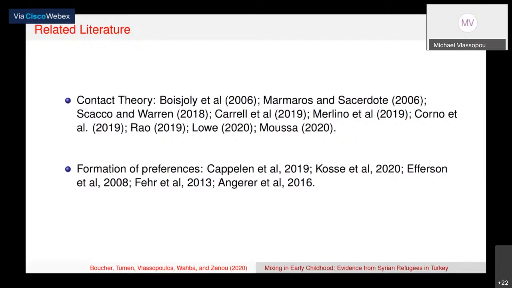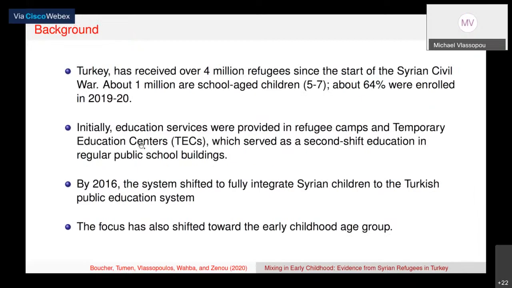And in that regard, our paper also connects with a literature on the formation of preferences, which argues and shows that early childhood is important for social preference development. So let me give you some more details about the context and the field experiment.